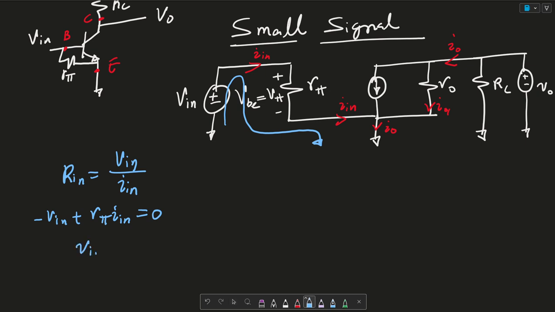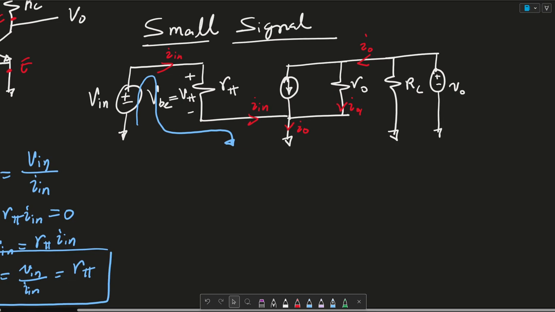Essentially V in is equal to R pi I in. So our input resistance of this common emitter BJT is V in over I in, which is equal to R pi.